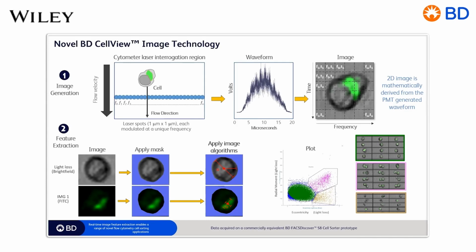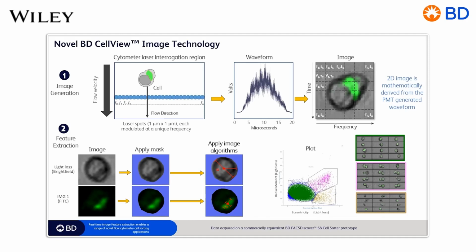Out the other end, you end up with an array of pixels, and each pixel has a different address. That top left one is frequency 1, time 1, then frequency 2, time 1, and so that first line is the first line of the cell, then the second line, third line, and so on. This allows you to reconstruct a spatial distribution of fluorescence that effectively is a representation of the cell.